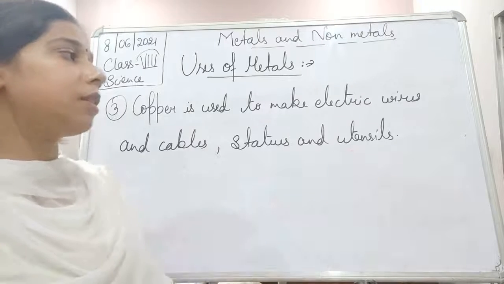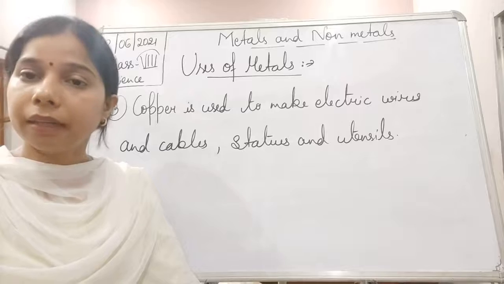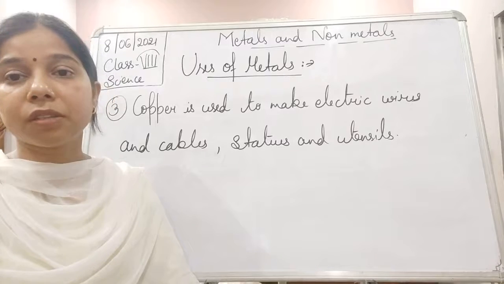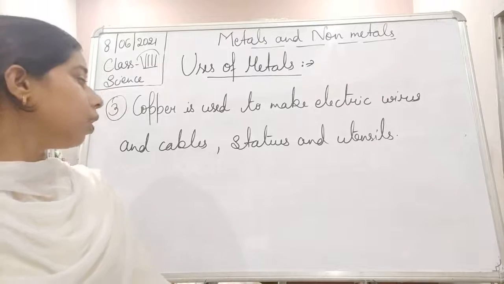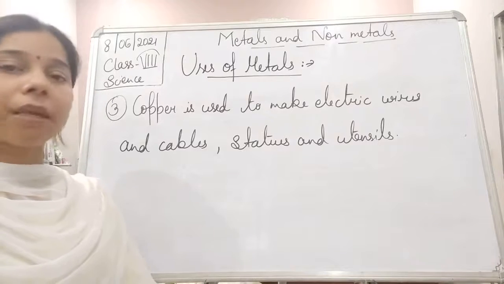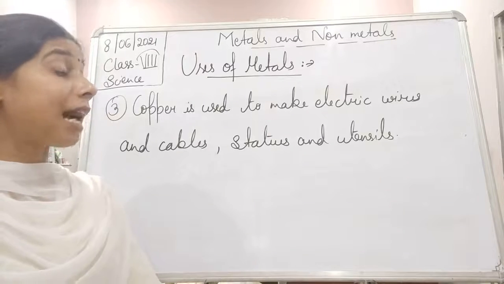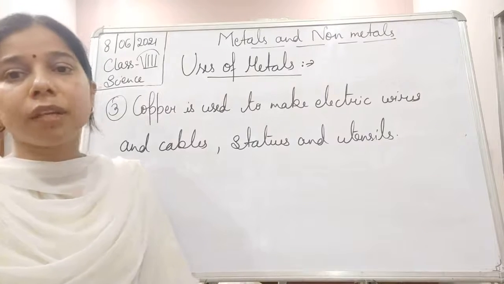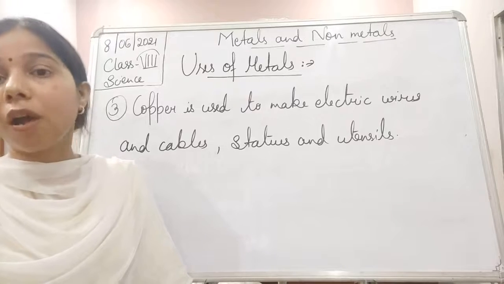As well as utensils, this tells that copper is also a good conductor of heat. So it is a good conductor of electricity as well as a good conductor of heat. You have heard that it is also used for making cable, students. That shows the property of ductility again. A lot of statues are made up of copper.